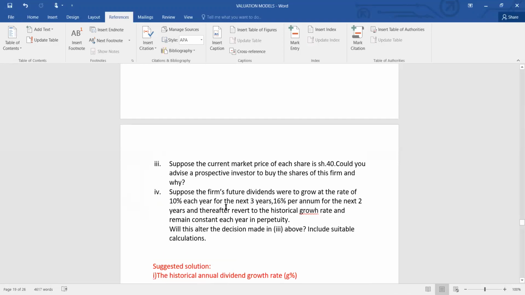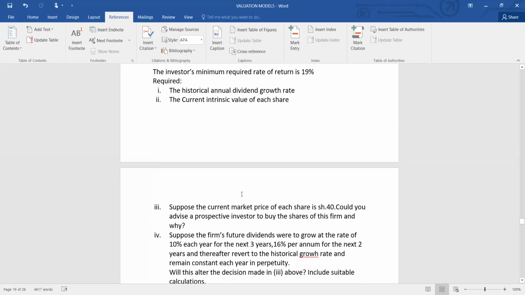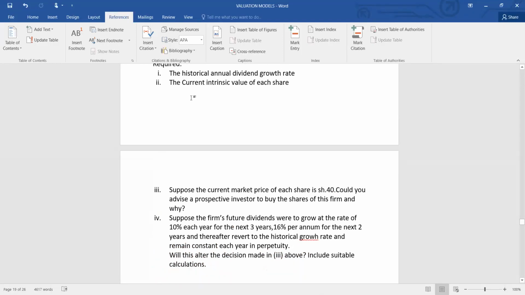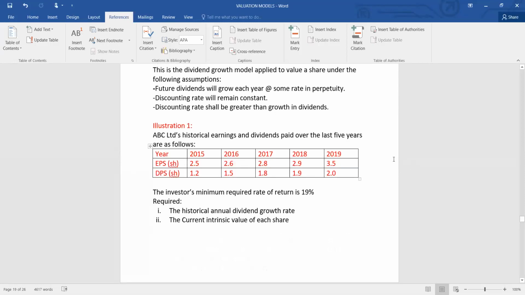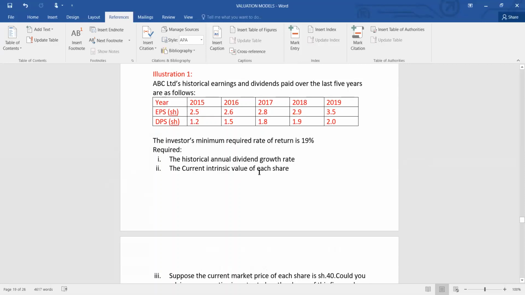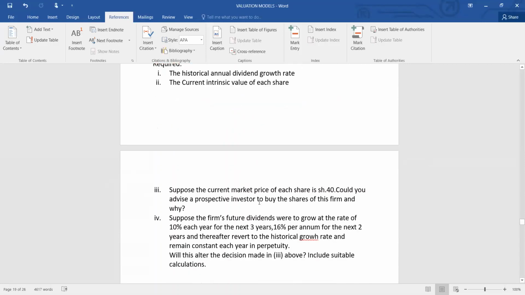Now, we are being asked the same question we answered in number 2 and 3, except that when answering number 2 and 3, we used historical data, or dividend payments, in working out the current value of a share and advising in number 3.